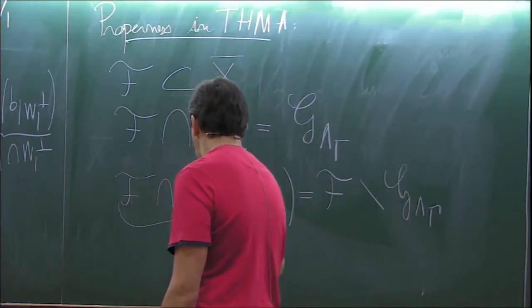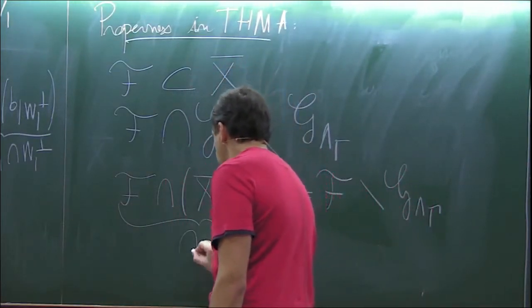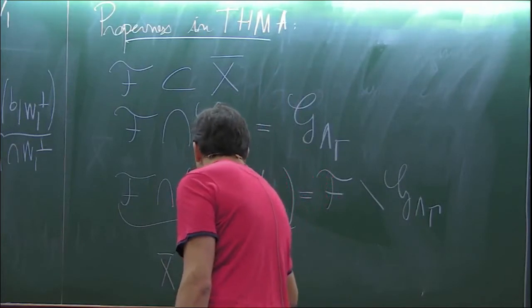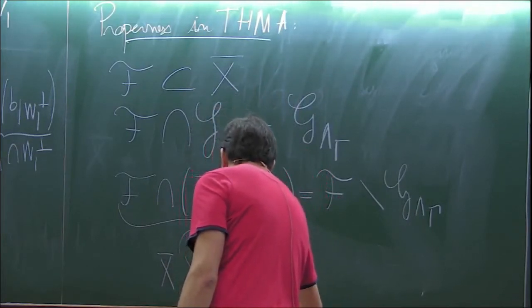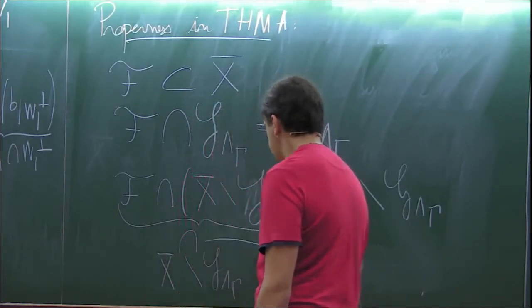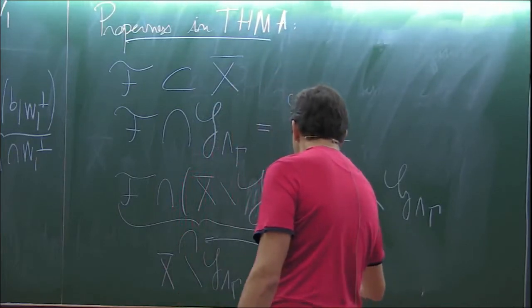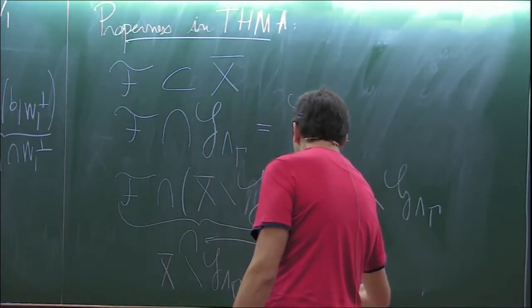So, but what is this? This is a subset of X bar minus Y of lambda gamma. And this subset is closed and gamma invariant.